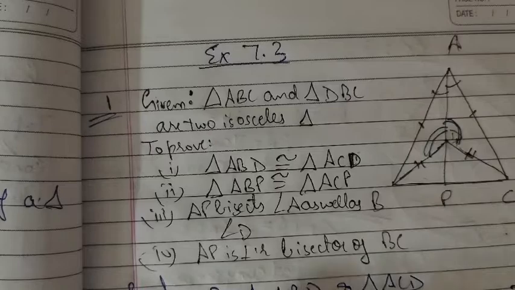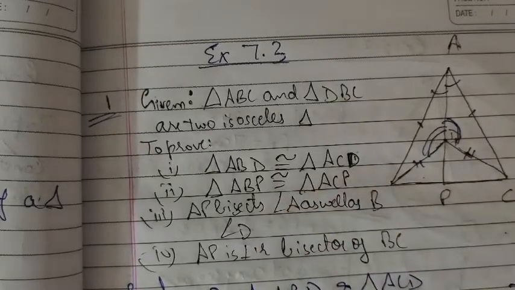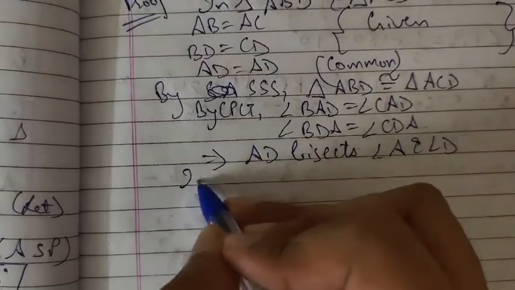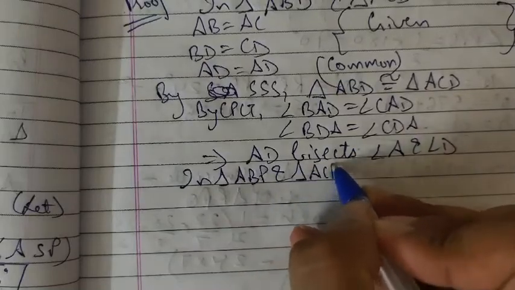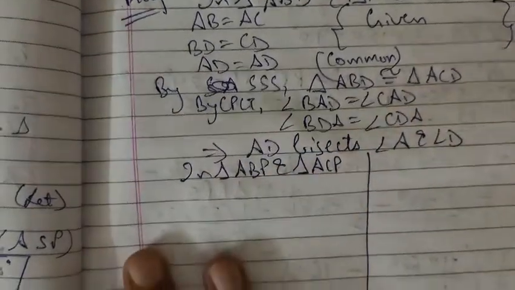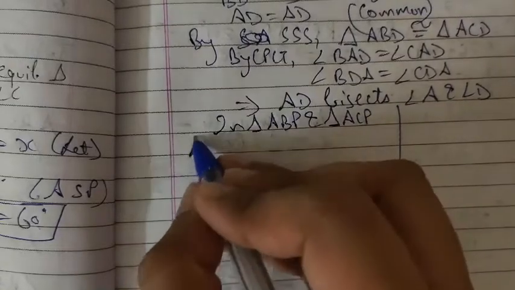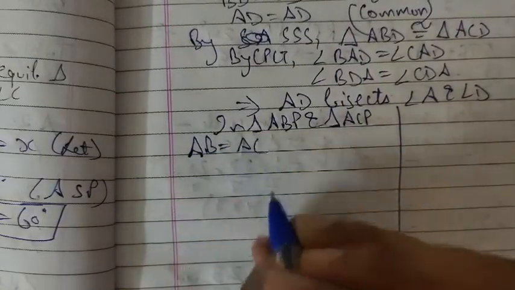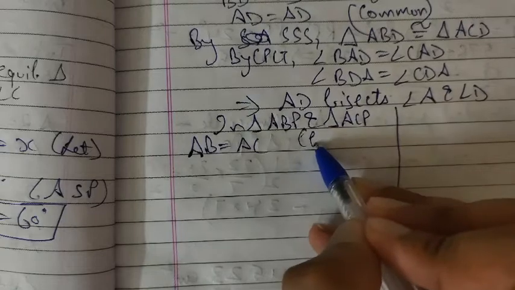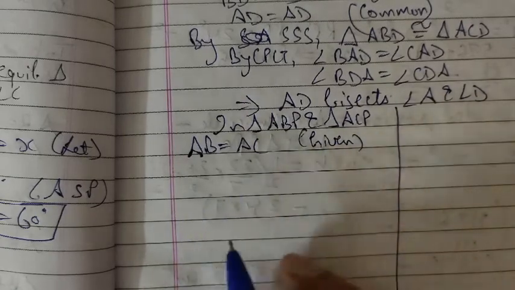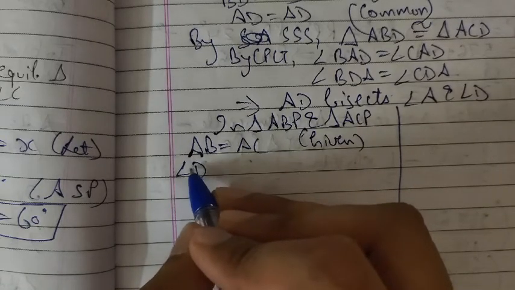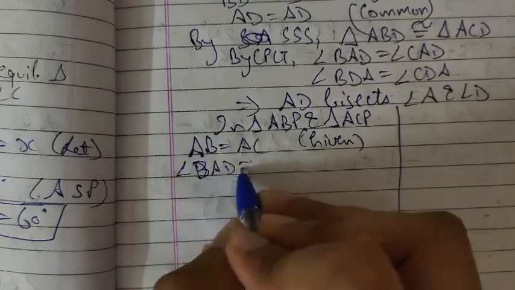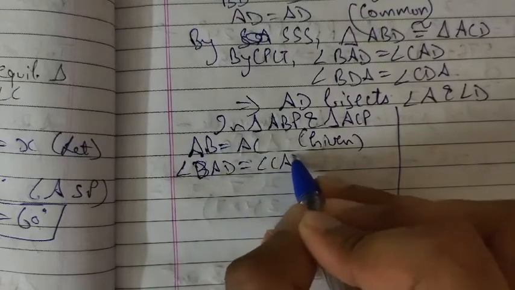Now we have to prove that ABP is congruent to ACP. So let's take it. In triangle ABP and triangle ACP, what do we have? We know that AB is equal to AC, given, and angle BAD is equal to angle CAD.